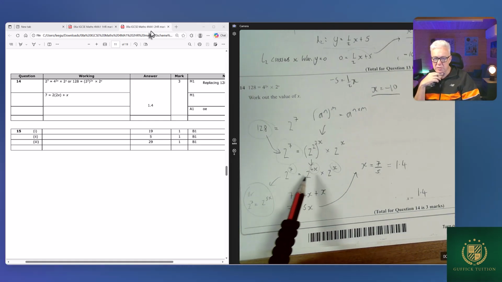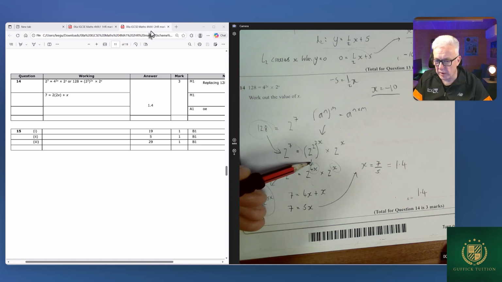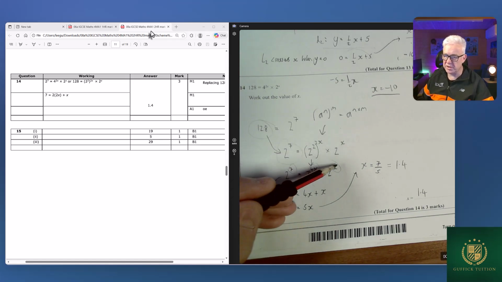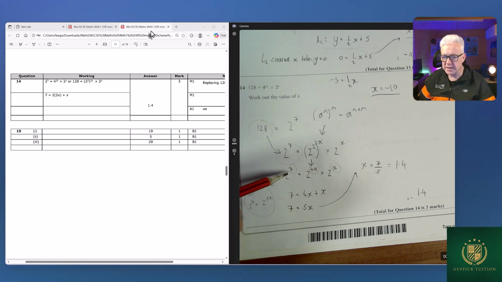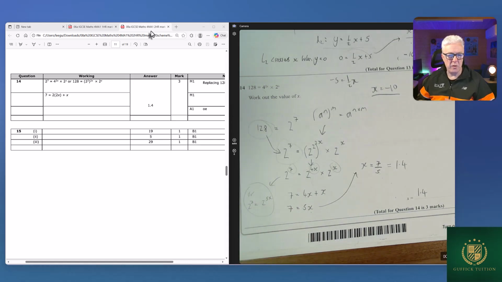Now this could be thought of as 2 to the power of 4x add x, because we've got 2 to the 4x times 2 to the x, which means we'd use the addition law. So we can say that 7 must equal 5x. So therefore x is equal to 7 over 5, which is 1.4 as a decimal.